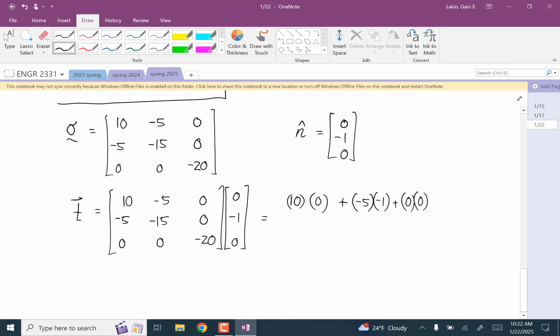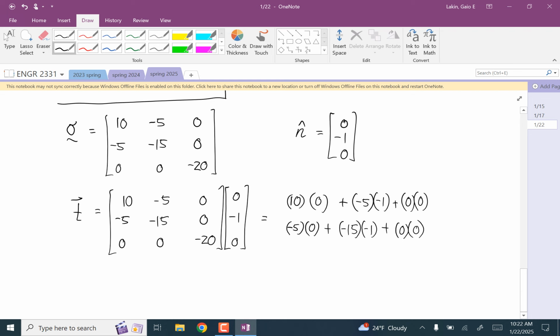Then for the second component, we have -5 times 0 plus -15 times -1 plus 0 times 0.